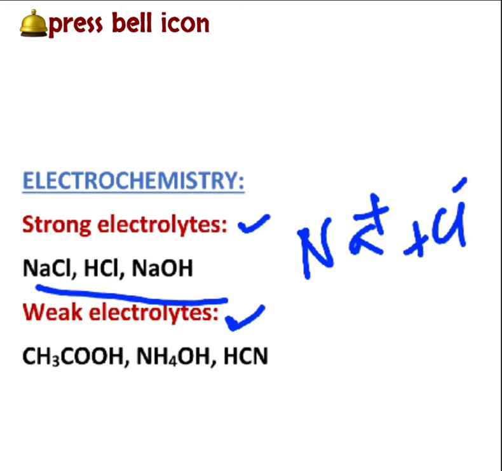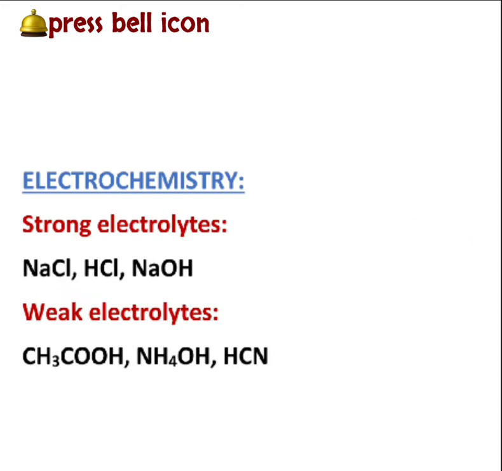As far as weak electrolytes are concerned, examples are given to you on the screen. These have a low degree of dissociation, and since they do not dissociate to a larger extent, they conduct electricity also to a smaller extent.